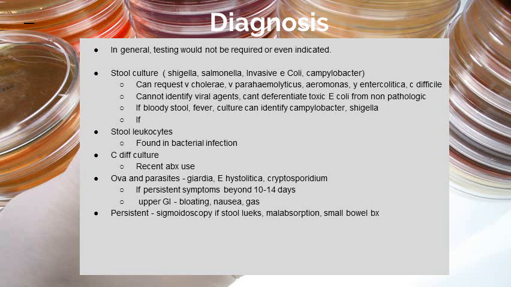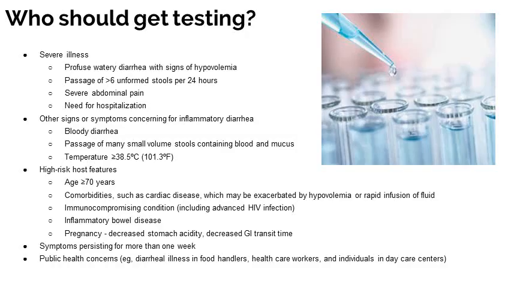Typically, they have upper GI type symptoms, which are described as bloating, nausea, and gas. If it's even persistent beyond that, some GI doctors will perform a sigmoidoscopy and do some further studying, which typically is not utilized in a traveler's diarrhea patient.